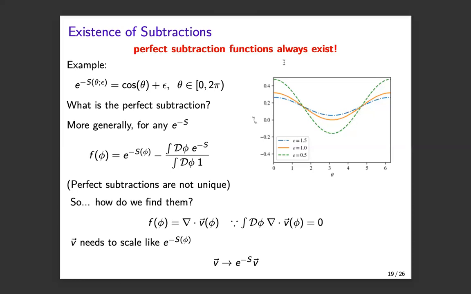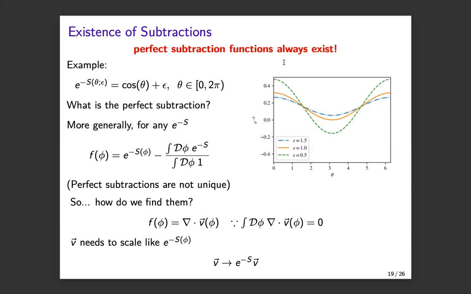Well, this was just one example where even if you have 0 in a vanishing e to the minus S, you can always make it positive. Imagine that you subtract this whole thing from e to the minus S, then you are left with this constant part. If it's a constant, then no matter what it is, there is no sign for it. It's a uniform distribution. So how do we find them?